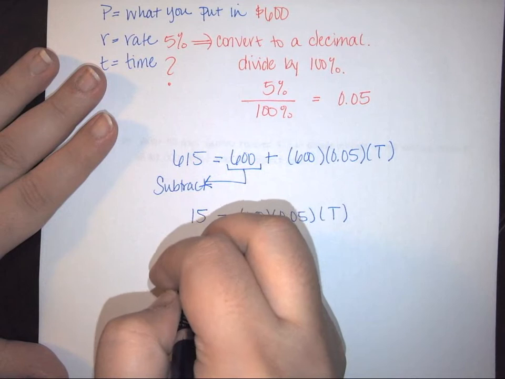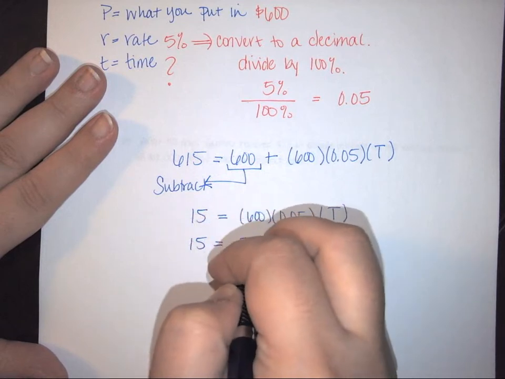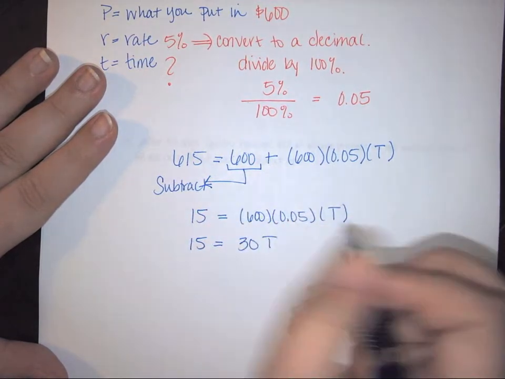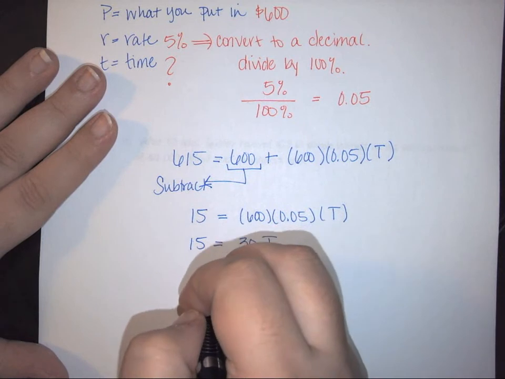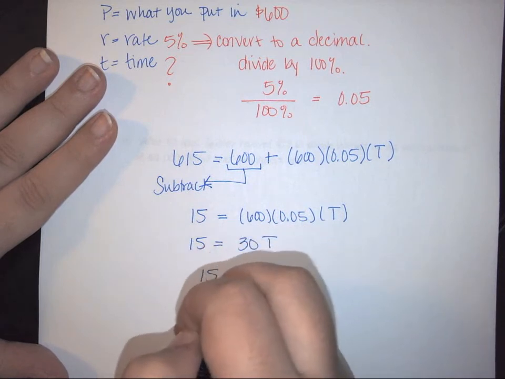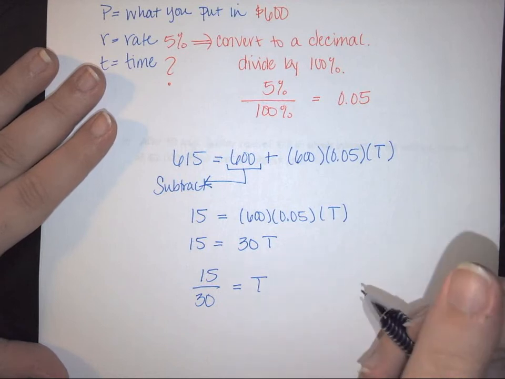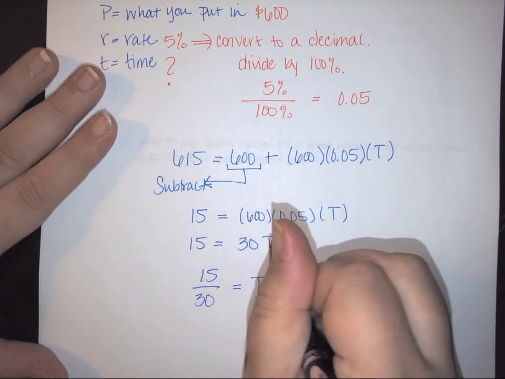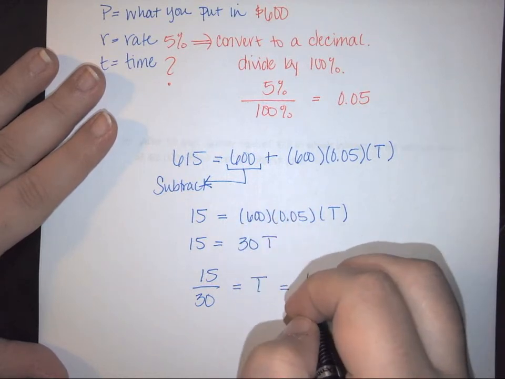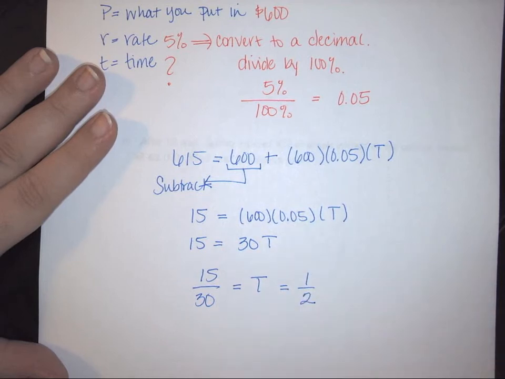So here I have 15 is equal to 30 T. Divide everything by 30, so I have 15 over 30 equals T. And in this case, 15 over 30 is going to reduce to 1/2.